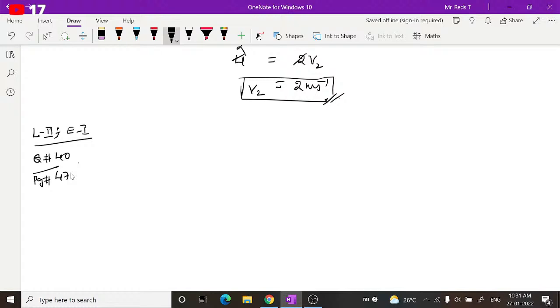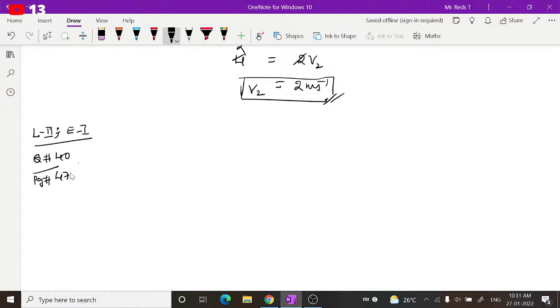To find this, let us recollect the definition of coefficient of restitution. We know that coefficient of restitution E is equal to relative velocity of separation by relative velocity of approach.